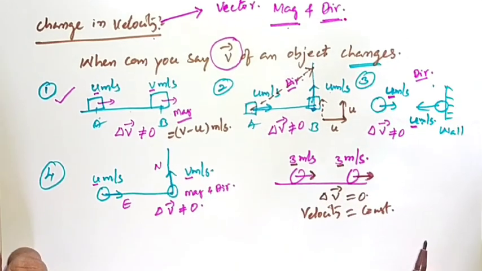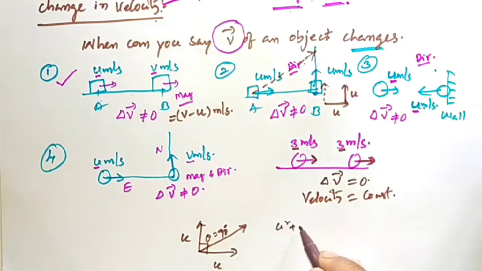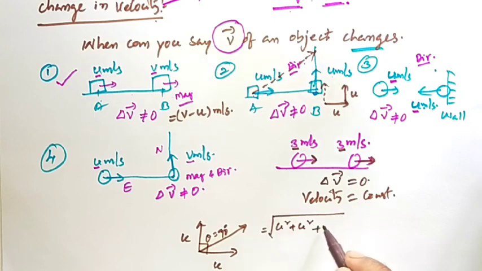Can I explain here? See this. This is u and this is u. This is the resultant. This angle theta is 90 degrees. Now what is the change in velocity? Root over u square plus u square plus 2 into u into u cos theta.